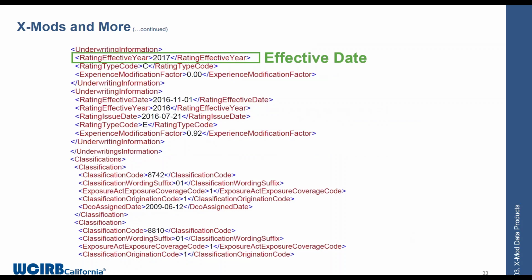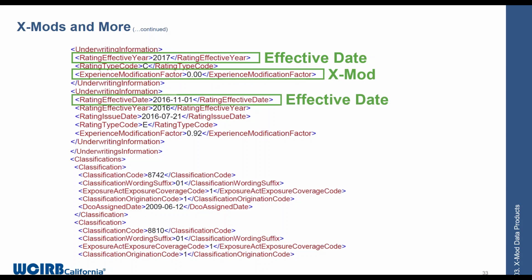For 2017, you can see that this particular insurer was not the insurer of record for 2017 because they don't have a month and a day along with the year. The experience modification for 2017 was 0. But when we get down to 2016, for November 1st of 2016, they were the insurer of record and the experience modification was 92%.